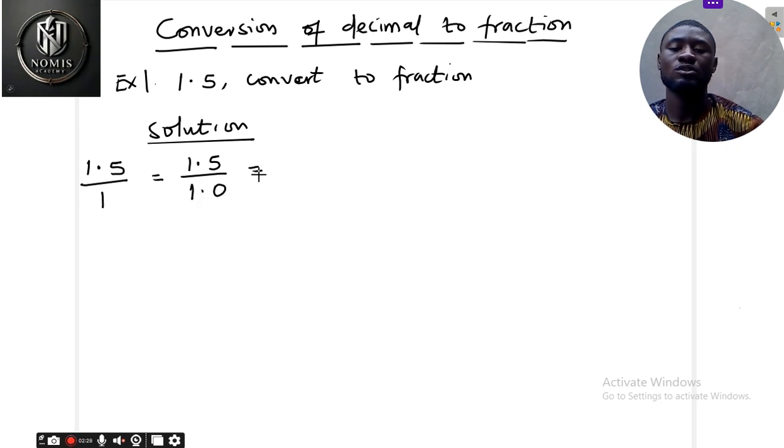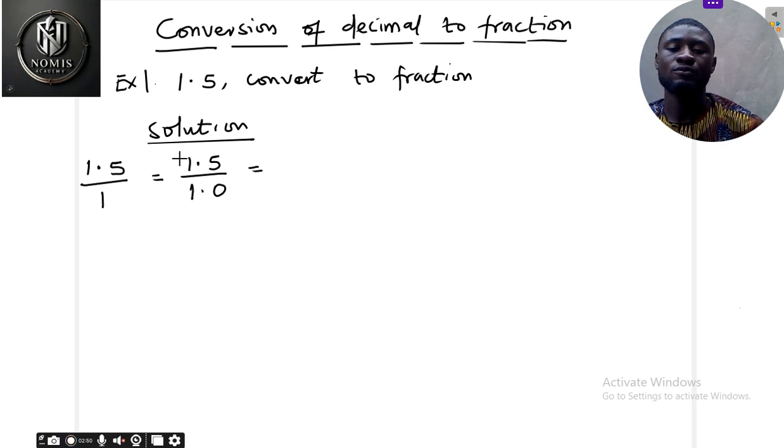What else do I need to do? Move the decimal point at the same instance, whether to the right or to the left, such that you no longer have decimal number but a whole number. So for this case, am I moving to the right or to the left?